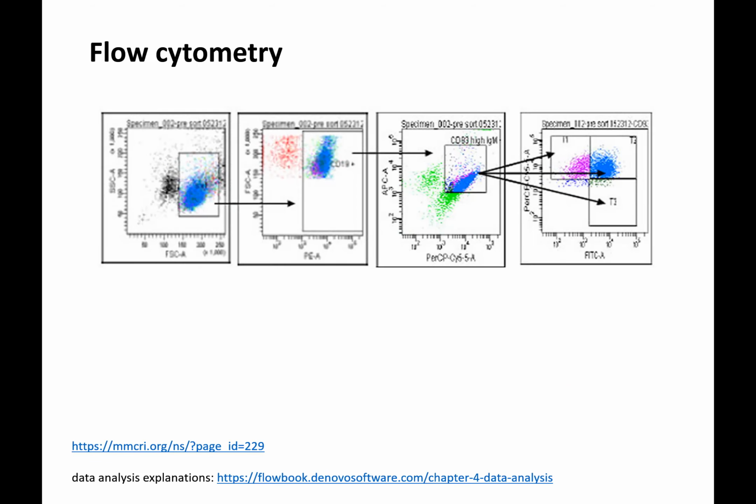And then you get data. Sometimes you get it as histograms, sometimes you get it as these scatter plots. I know you can't read this, but it's just basically intensity of marker 1, intensity of marker 2.